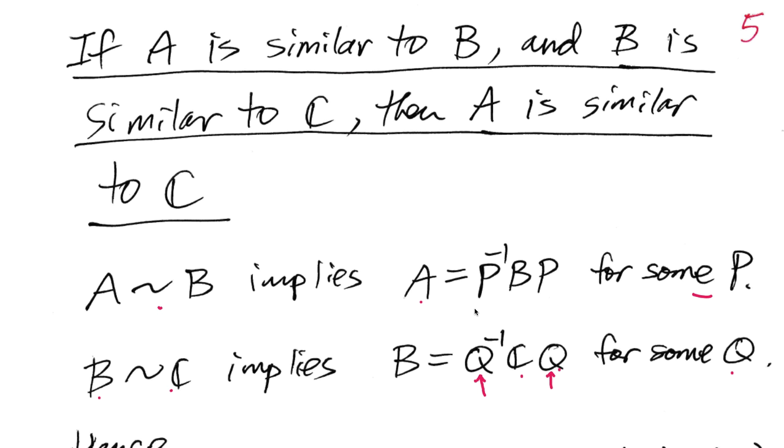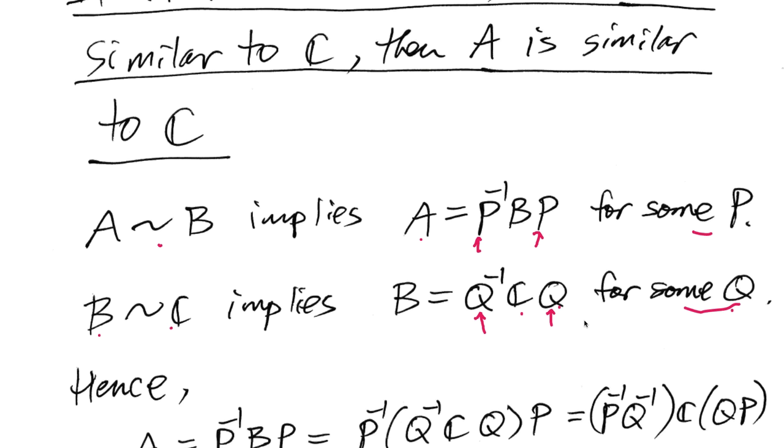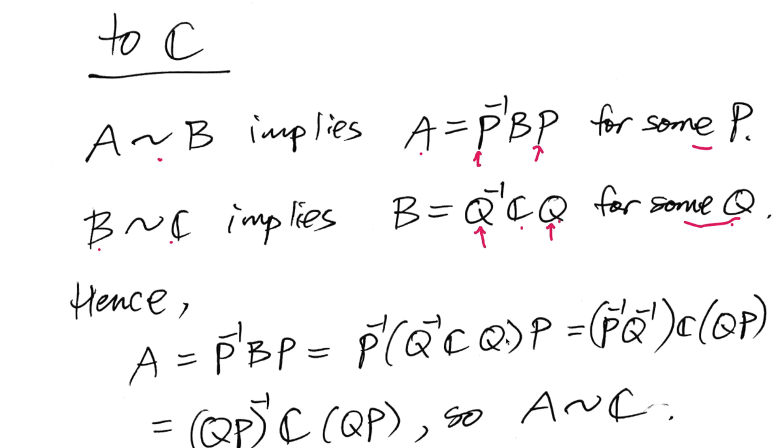I'm not saying it's the same matrix as P up here. B and C may be completely different matrices. A and B are two matrices, B and C are two matrices. You're probably not going to have the same P in both cases, even though they're similar. So I have to give it a different name, so for some Q. All right, let's keep going.